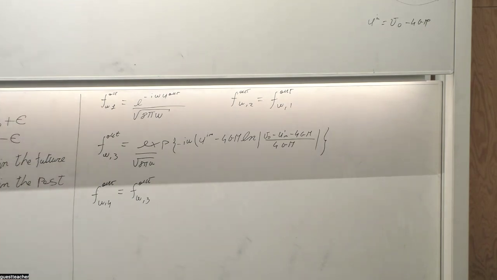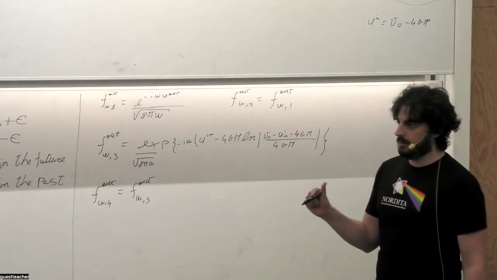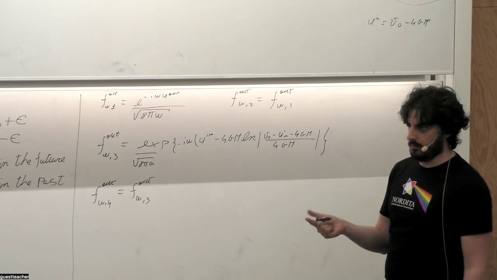To do that, we just know that right-going and left-going modes change into each other at r equals 0, right? So we just need to replace v and u in, we just need to invert them.